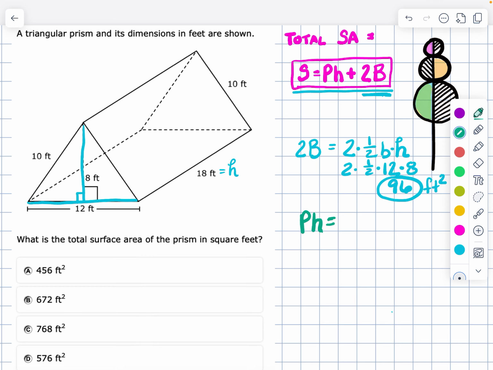Again, we know it's a triangle, so the perimeter of the triangle, let's use orange here, is going to be 10 plus this length plus 12. So how do we know this length? It's the same as this one right here. That and that are the same.